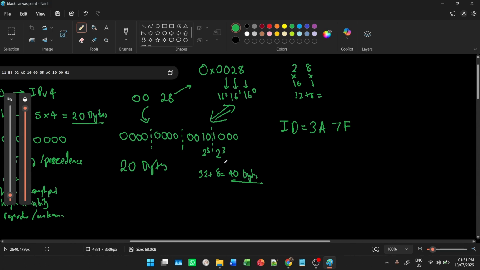As you all know, A is 10, F is 15, right? So we can do 15 times 1, 7 times 16, 10 times 16 squared, and 3 times 16 cubed. I have done the calculation previously, so let me bring up my notes.